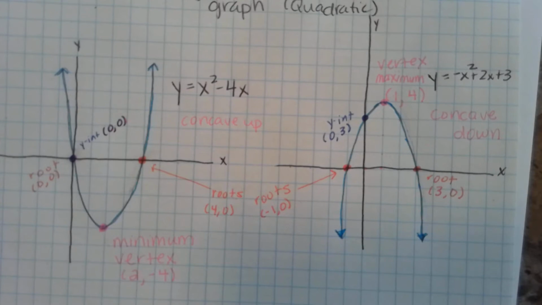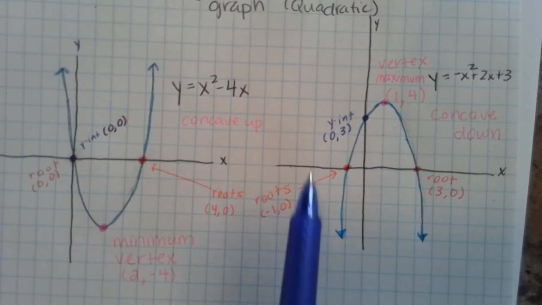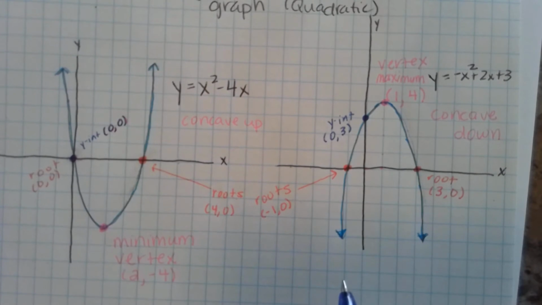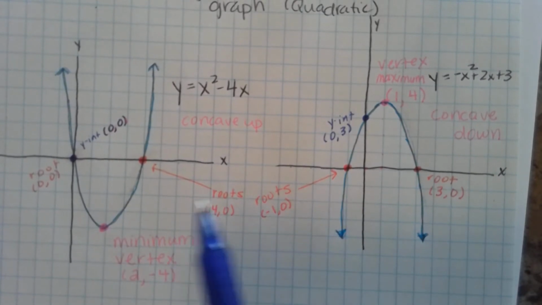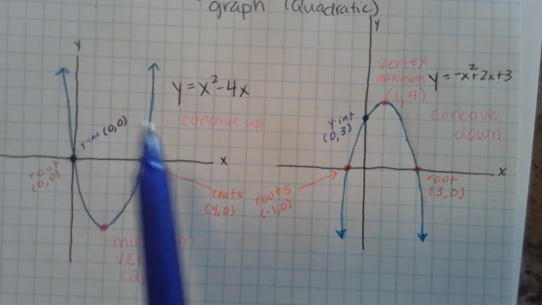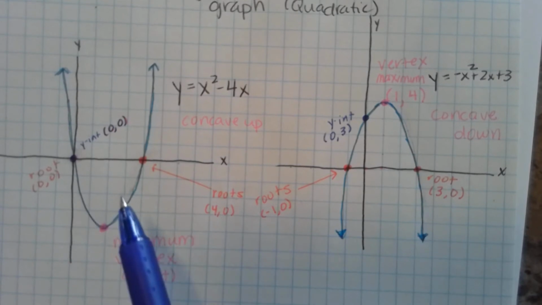All right? So we know that we've identified the very important pieces of our graph. Okay? These are going to be really, really important when you start using these to identify parts of a problem, like a word problem.